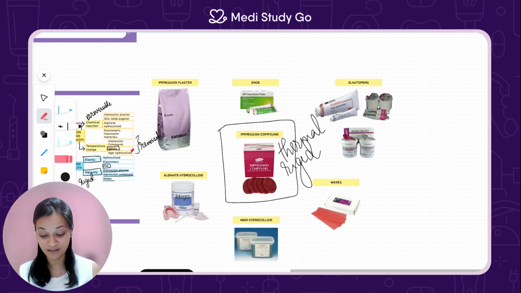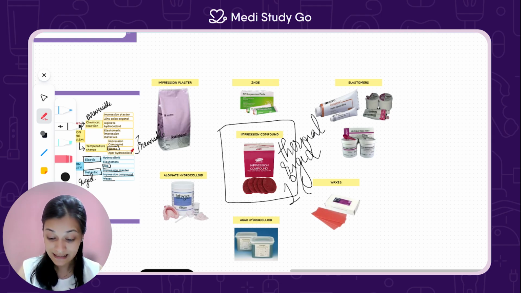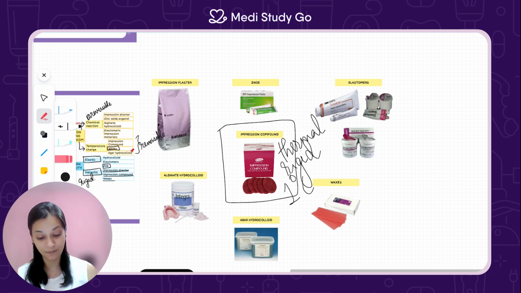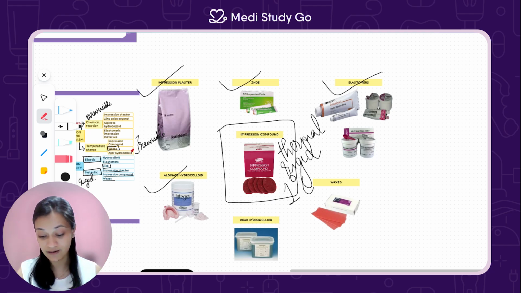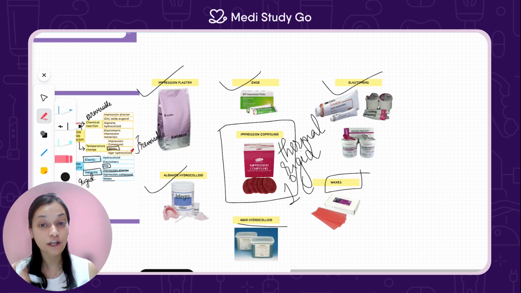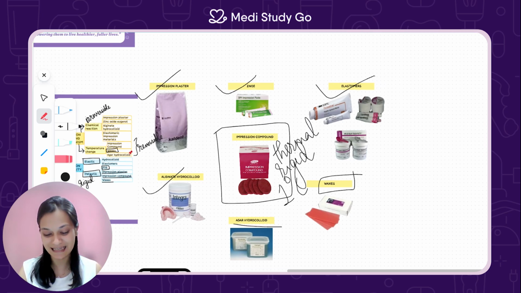It is non-aqueous. Based upon the usage, is it used for primary, secondary, or bite registration? It is the primary impression. Similarly, I hope you'll be able to answer for impression plaster, for your alginate, zinc oxide eugenol, elastomers, waxes, and hydrocolloid. And if you are able to answer all of these correctly, you have just learned the classification in a very fun and easy way.